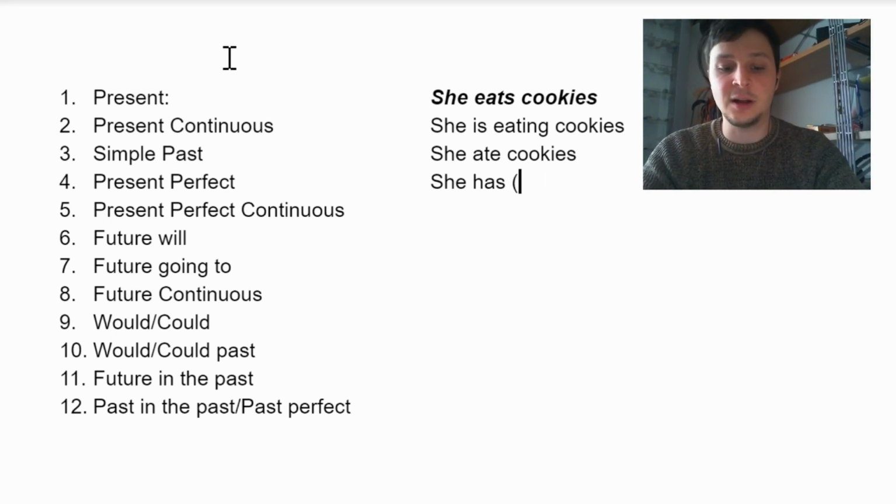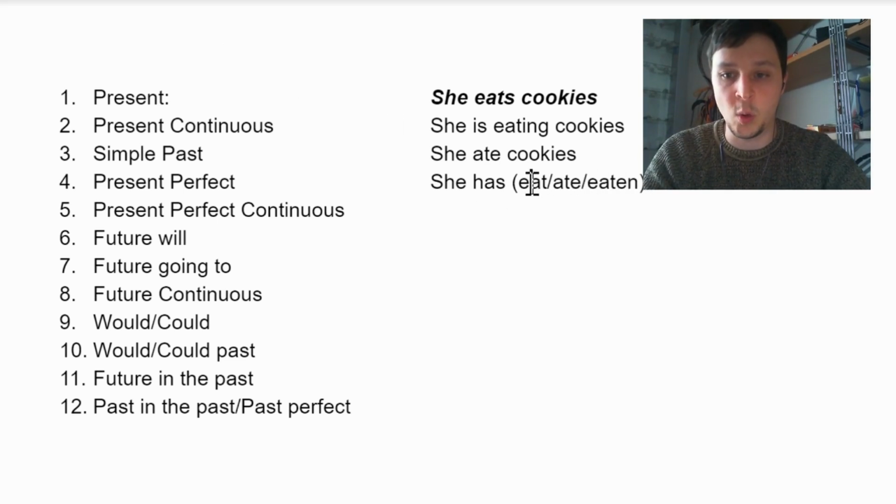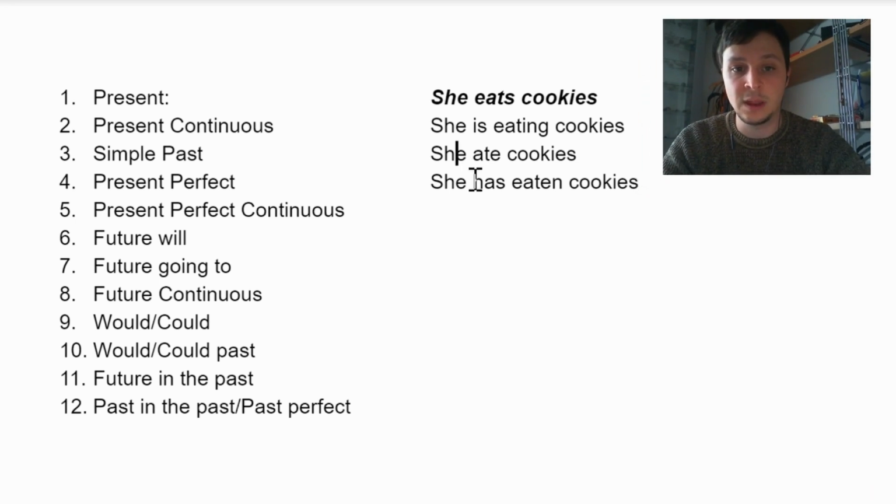So when I say third column, what I mean is eat, ate, eaten, like this. 1, 2, 3. She has eaten. That's the third column. She has eaten cookies. Okay? That's the present perfect. And notice that it's two words. 1, 2. Has eaten. Past is just one word.